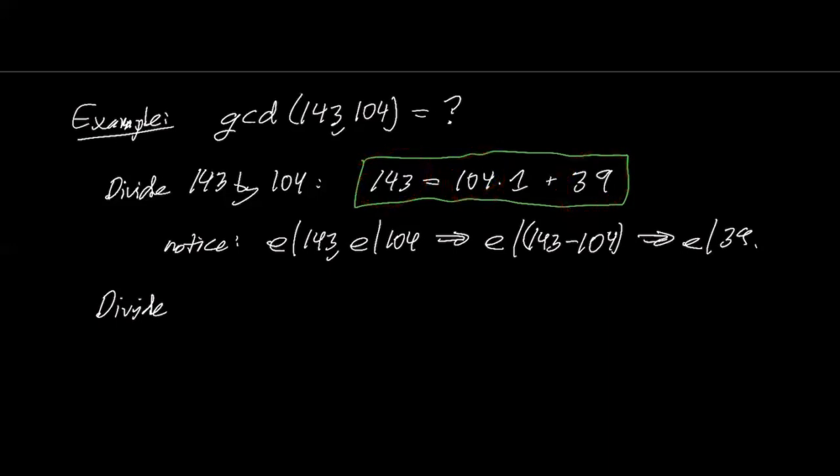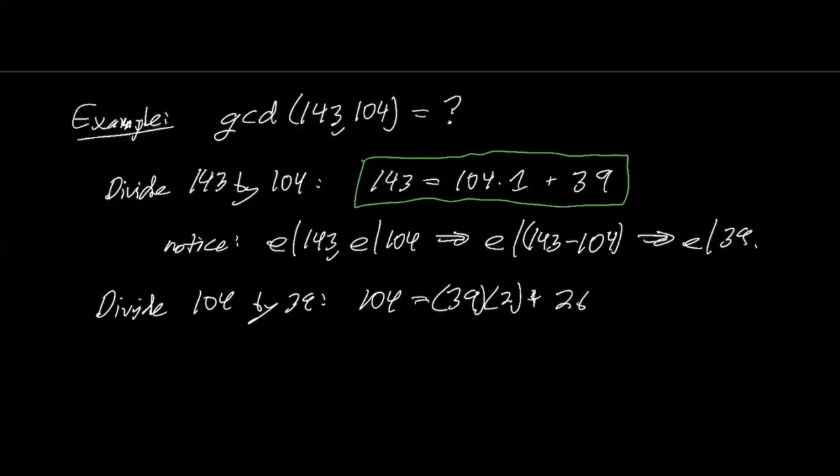So let's divide 104 by 39. 39 goes into 104 twice; three times is too big. The remainder is 104 minus 78, which is 26.